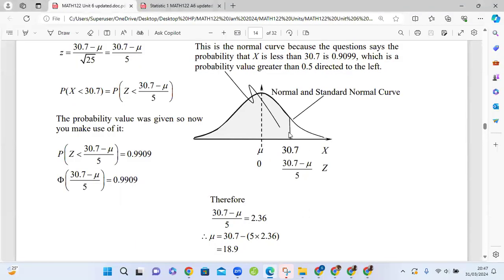But here our x or 40.7 is on the right side of mu, and we have a positive z. Once you go into the table, we are going to show how we got the 2.36 using 0.9909 straight from the table.